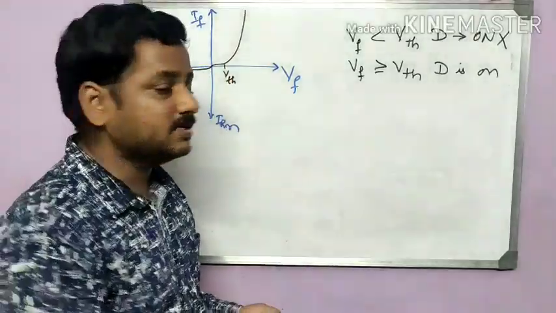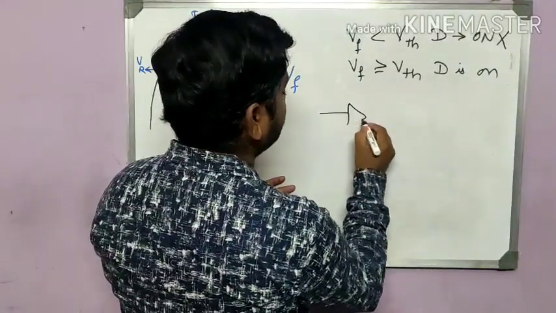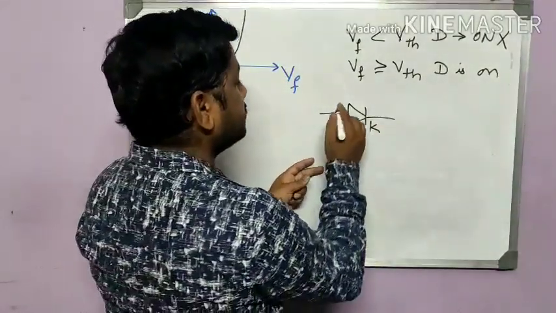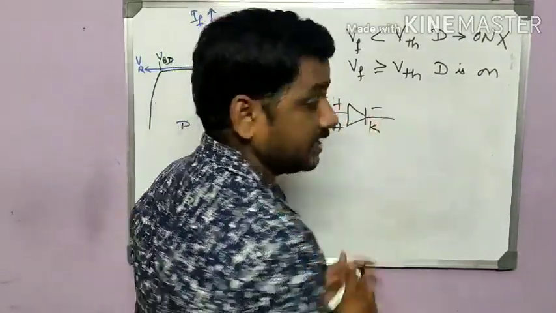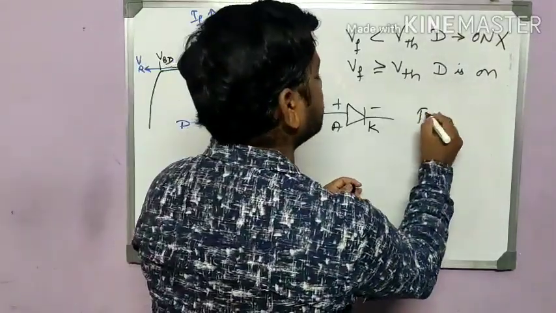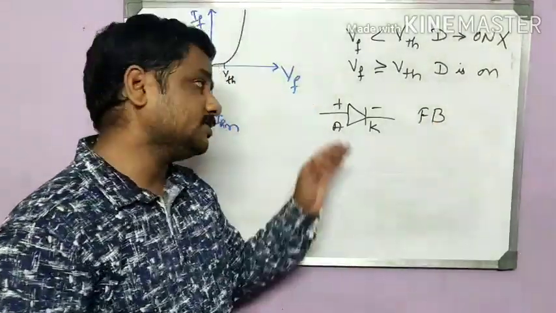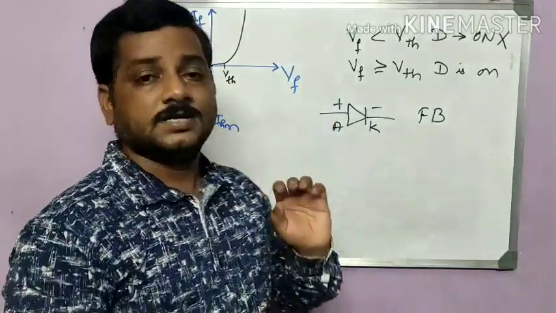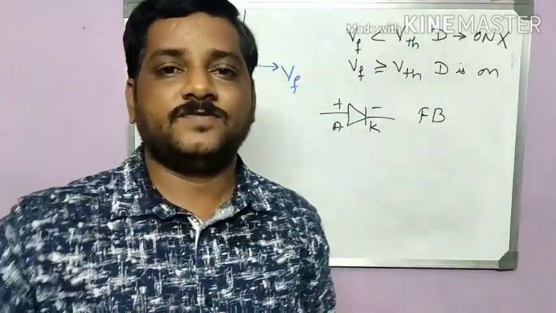Generally people say that if the anode is at the positive terminal and the cathode is at the negative terminal, then it is forward bias, meaning the diode will be on. Yes, that's true, but it is not the 100% perfect answer.